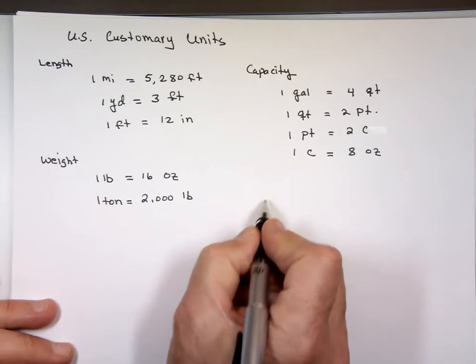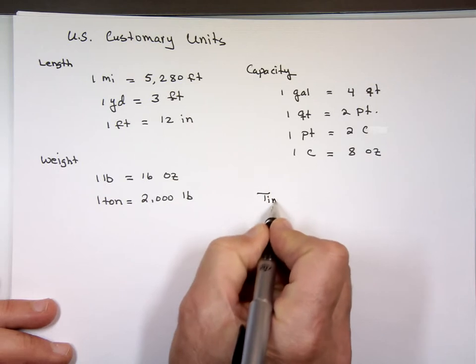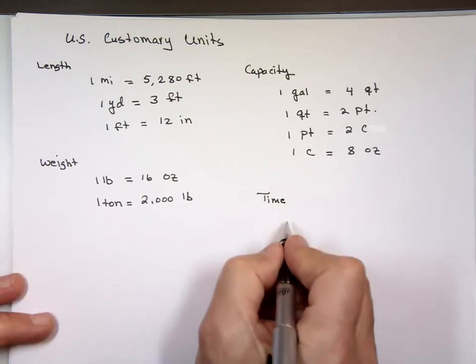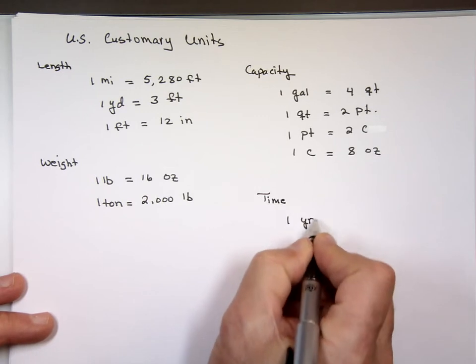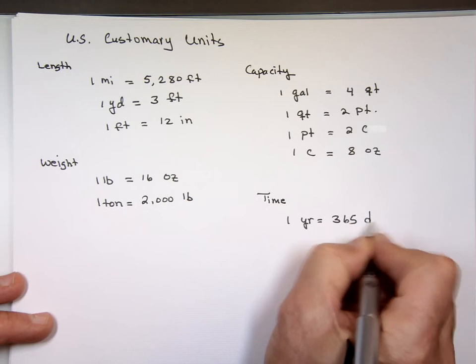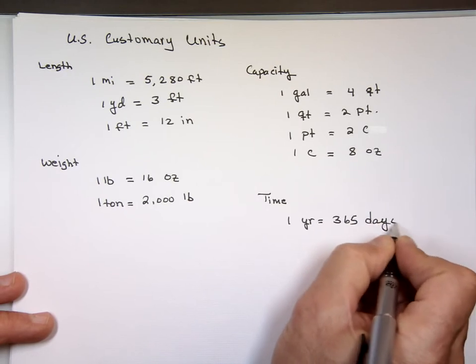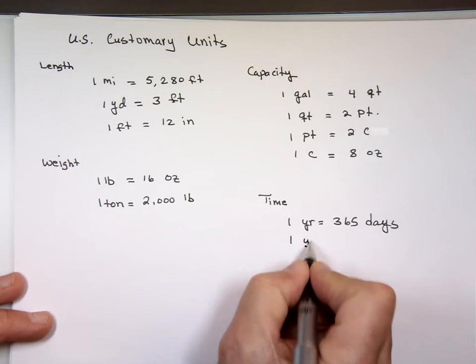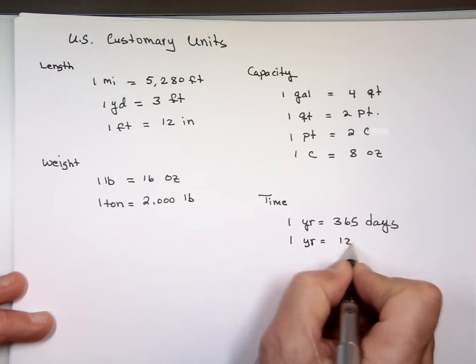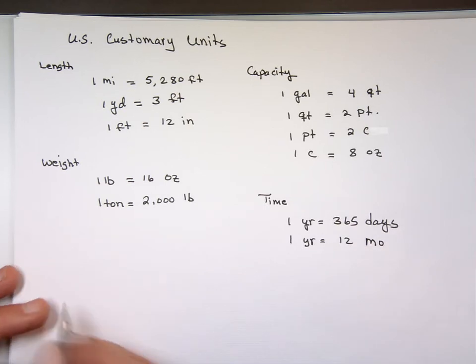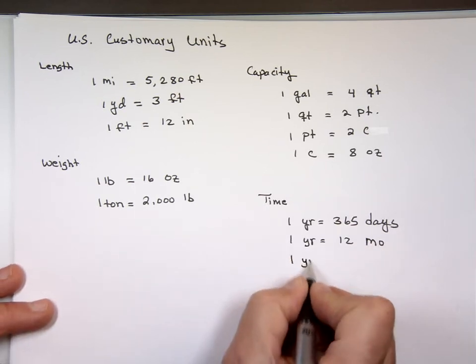Then we also have units for time. We know 1 year has how many days in it? Is it 365 days? One year has how many months? 12 months. 1 year has how many weeks?